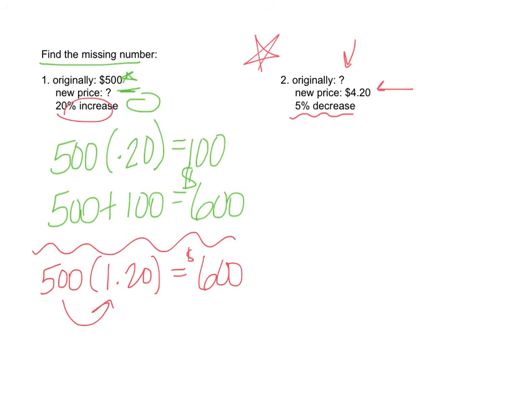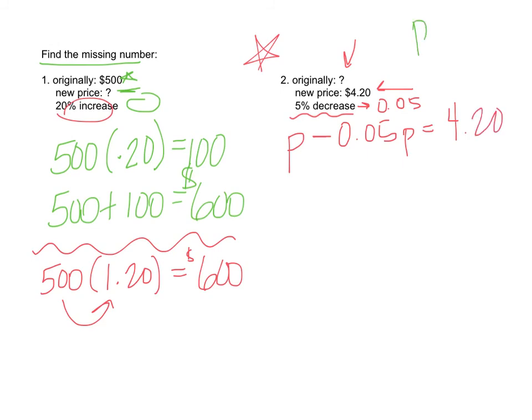So we can think about that the same way for this one. We have our original price. We don't know what that is, so let's mark that as P. We're going to subtract from 1 our decrease, which as a decimal is 0.05. And we need to multiply that by whatever that original price is, and it equals 4.20.